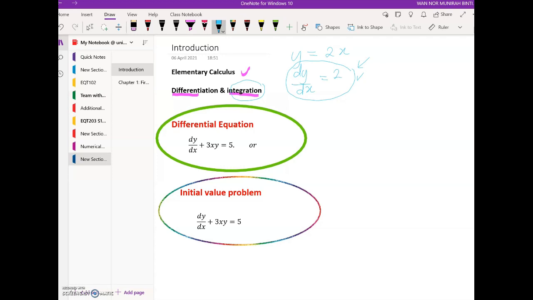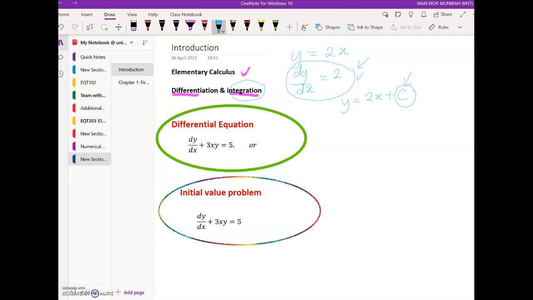Integrating dy/dx with respect to x will give you y, while integrating the right hand side, 2 with respect to x, gives you 2x plus a constant c. Since this is an indefinite integral, you need to add an unknown, we call it c, or whatever unknown you want to represent here, for example a, b, d, e. We don't know what the value of c is.